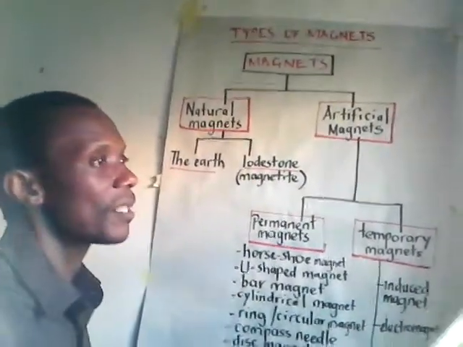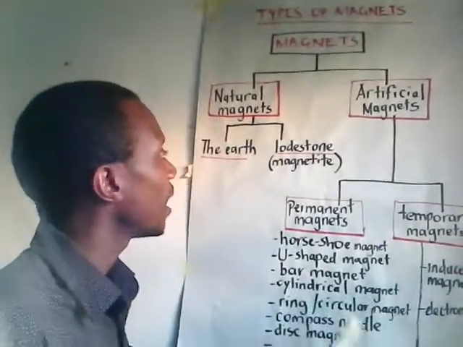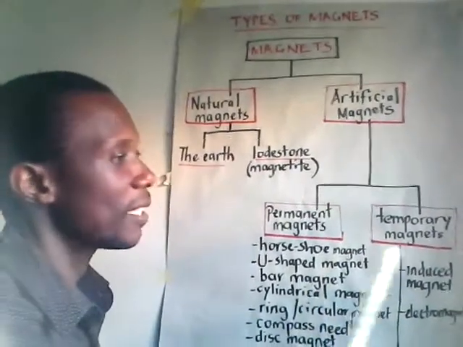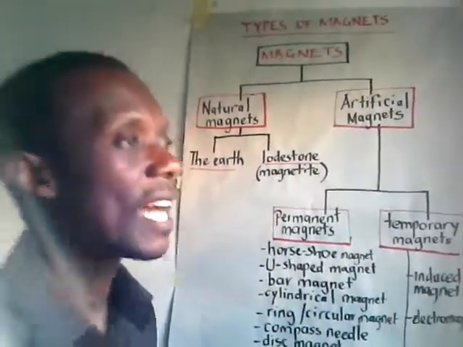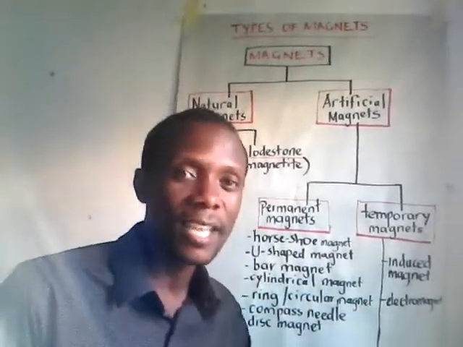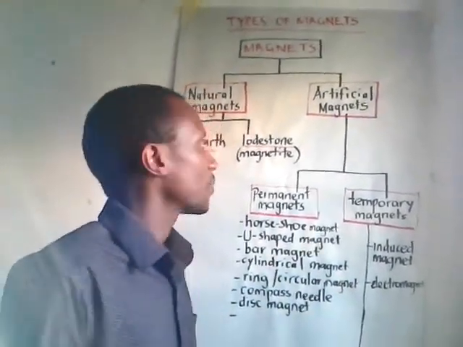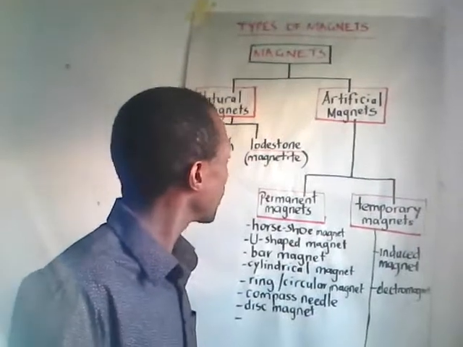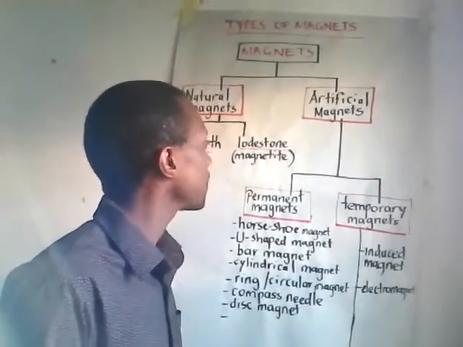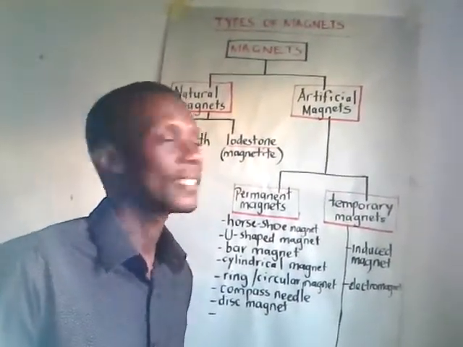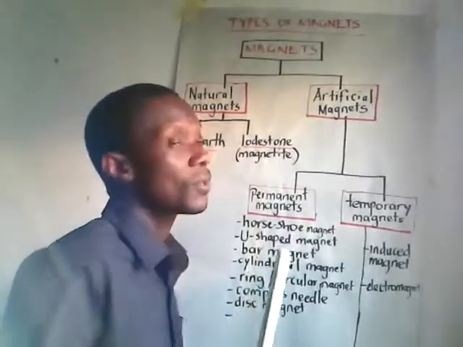They say he was looking after his cattle, and during that time he discovered this stone, and it had nails on it. So he took it to places, and people were able to identify that it is a magnet. So that is how lodestone was discovered.